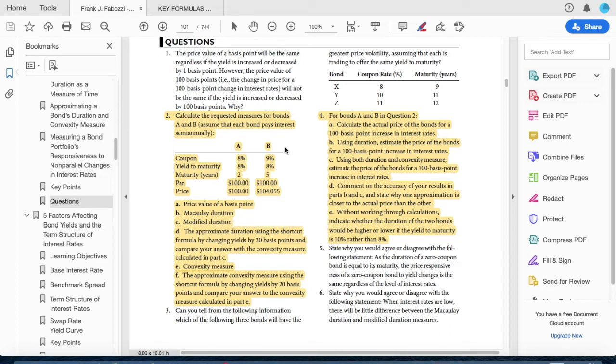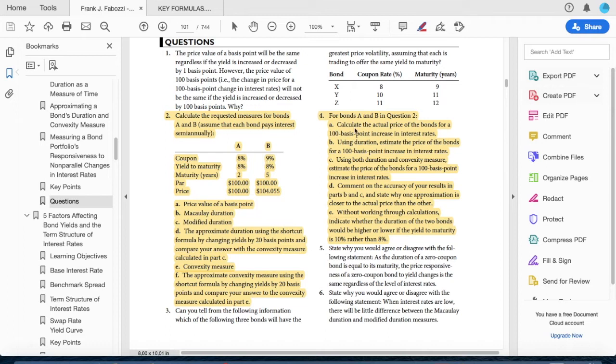Now B is offering 9% coupon rate, 8% yield to maturity, a maturity of 5 years, a par value of $100, and a current price equal to 104.055. See that the current price is higher than the par value, and it is due to the fact that bond B is offering a coupon rate higher than the yield to maturity.